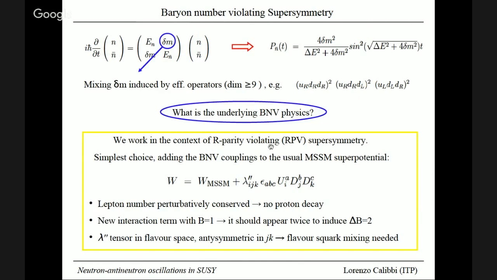R parity violation, of course, is required because the supersymmetric Lagrangian would be baryon number conserving if R parity were exactly conserved. So we did the simplest possible choice. We extended the minimal supersymmetric standard model with just one set of operators, those precisely that violate R parity and the baryon number.